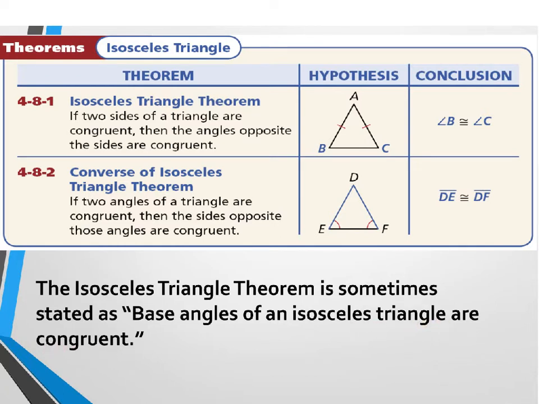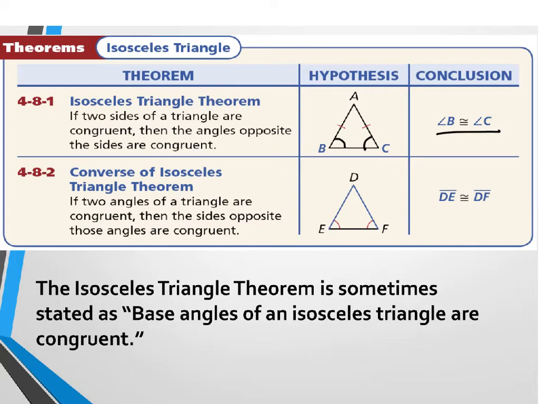Since we know what base angles are now, if the two sides are congruent, then the two base angles are congruent. That's what the theorem states. The hypothesis is illustrated like this: we have an isosceles triangle, therefore these two angles right here, B and C, are congruent.